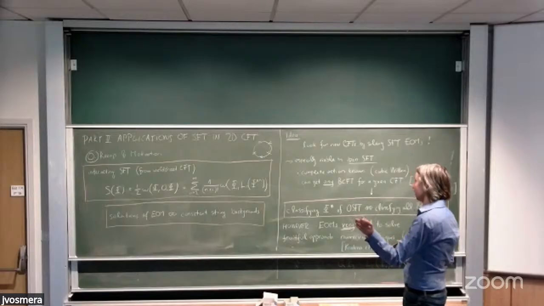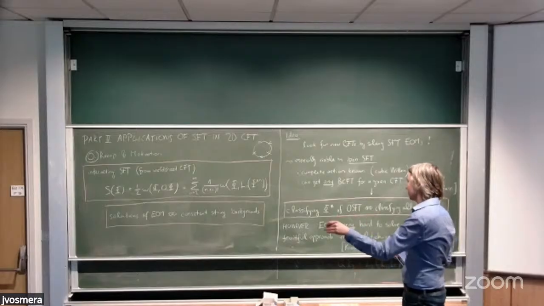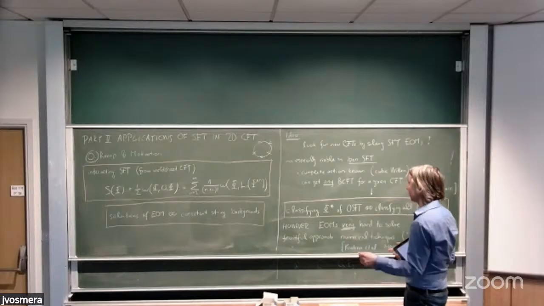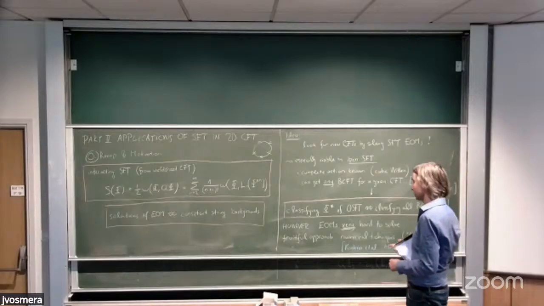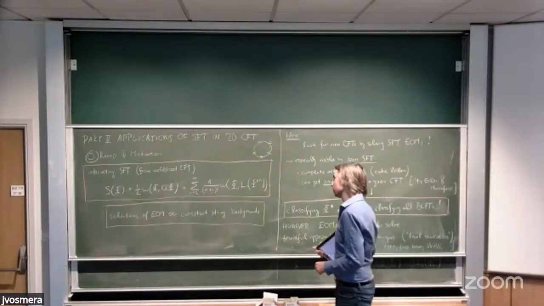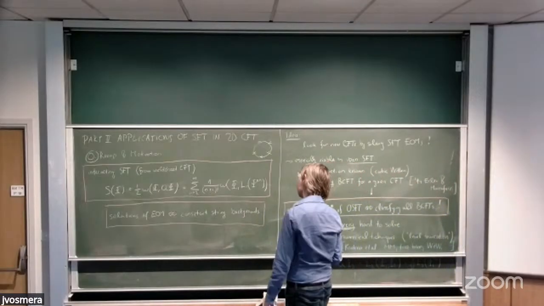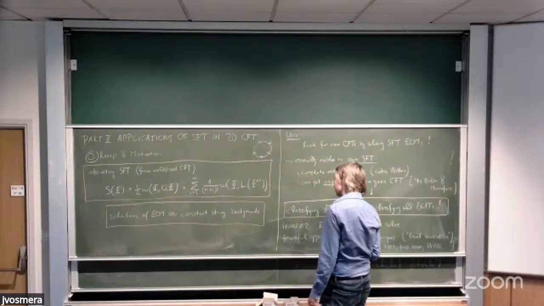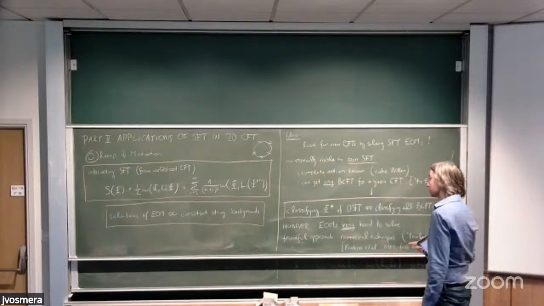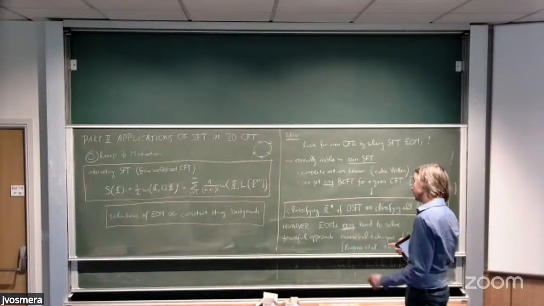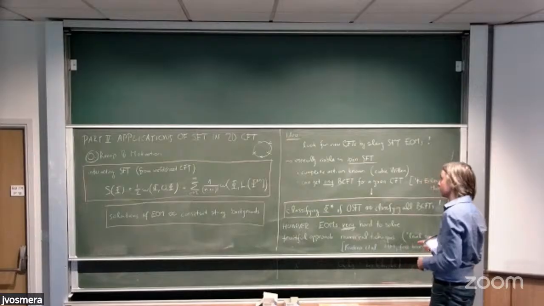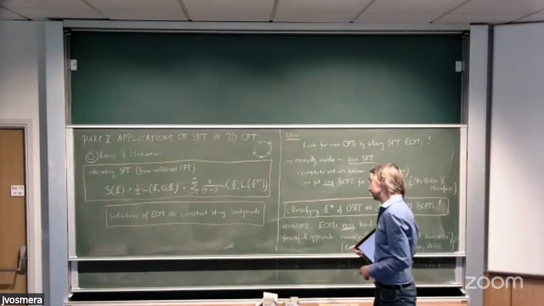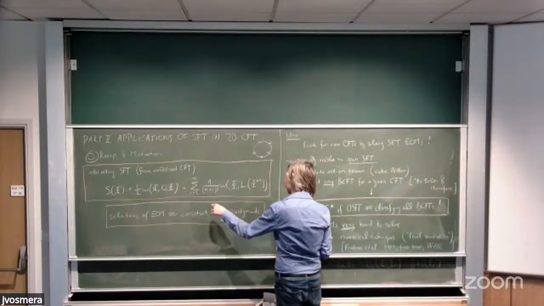So having fixed a bulk CFT, and then also some consistent boundary CFT which is describing the open string sector, you can formulate the corresponding string field theory action for open strings. And then the solutions of that open string field theory action, solutions of equations of motion corresponding to that open string field theory action, they should correspond to other consistent open string backgrounds.